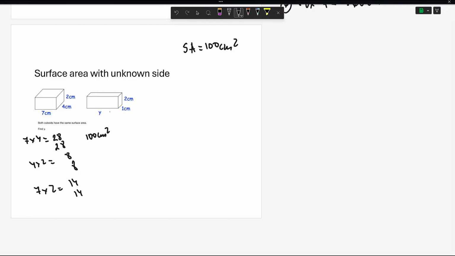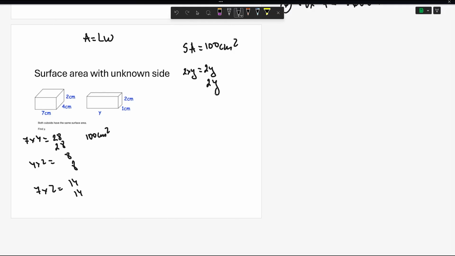Right, let's have a look at our cuboid number 2, where we don't have one of the sides. What we have to do first is use exactly the same formula as you use to find the area of your rectangle. So let's say my first side: 2 and y, so we're multiplying 2 times y, which is 2y. Then the other side is exactly the same, so we have another 2y.